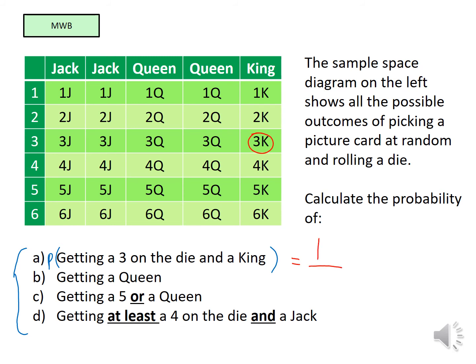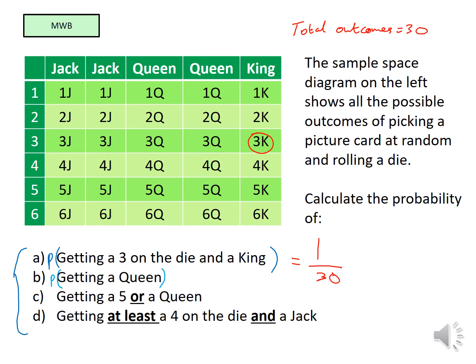If we count up how many outcomes we have in the sample space in here, we have 30. So it's going to be 1 over 30. I'm just going to write at the top, total outcomes equals 30.